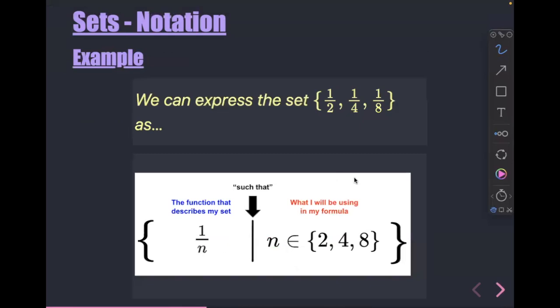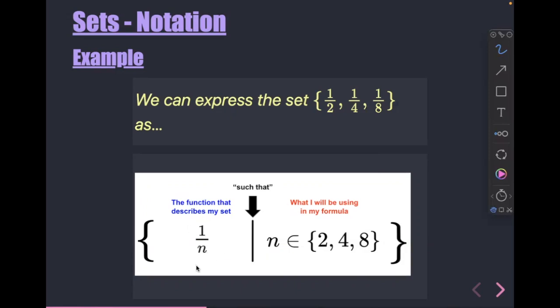If I'm talking about the set 1/2, 1/4, 1/8, notice that these all are 1 over something. So I could describe my set by saying it's 1/n, where n is 2, 4, and 8, right? Because it's 1/2, 1/4, 1/8.